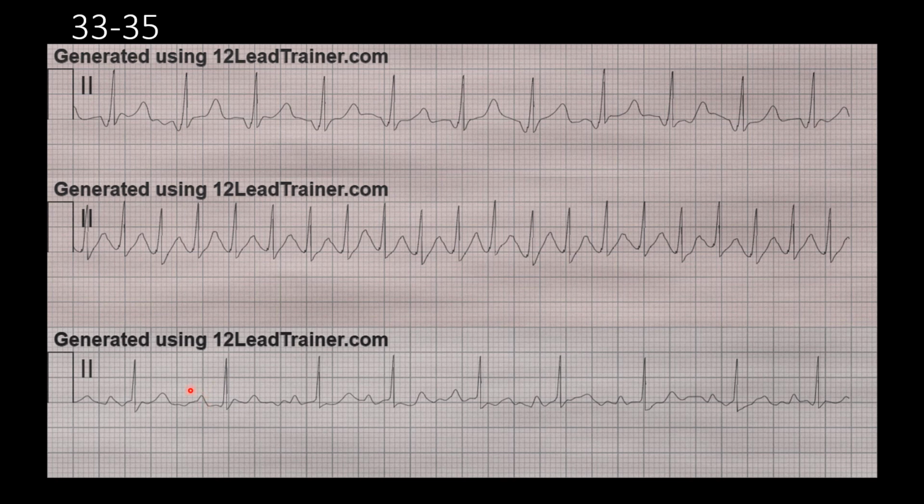You could argue that these right here are P waves. I'm not super convinced about that though. So I would probably just not call them P waves, and it is irregular. So with that, I would probably call this atrial fibrillation, controlled.